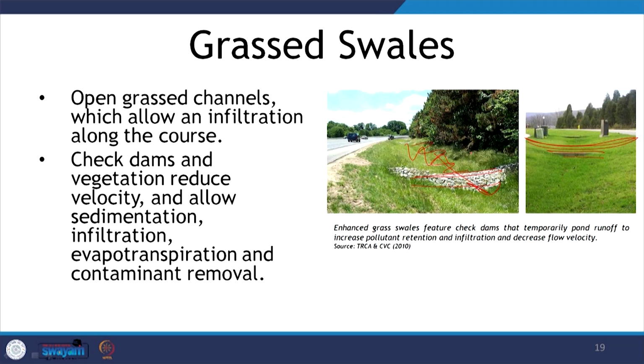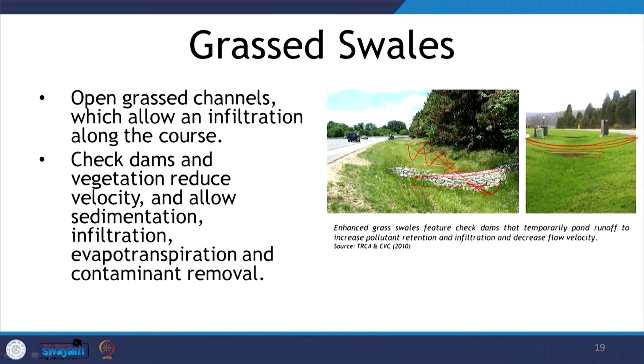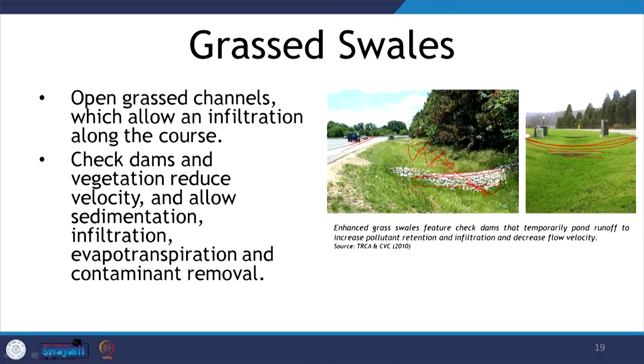Another function that all these swales and infiltration trenches have is to reduce the amount of pollutants going into the water bodies. All the pollutants emitted by the running vehicles on these highways, some will be unburnt fuel, unburnt particles, then other combusted particles, petrol, diesel and all other things.